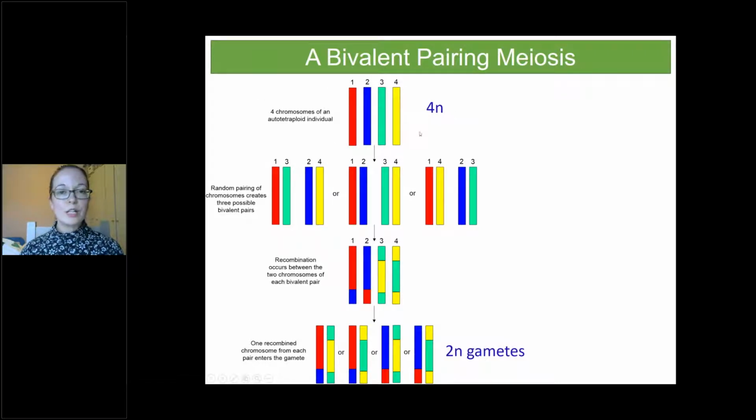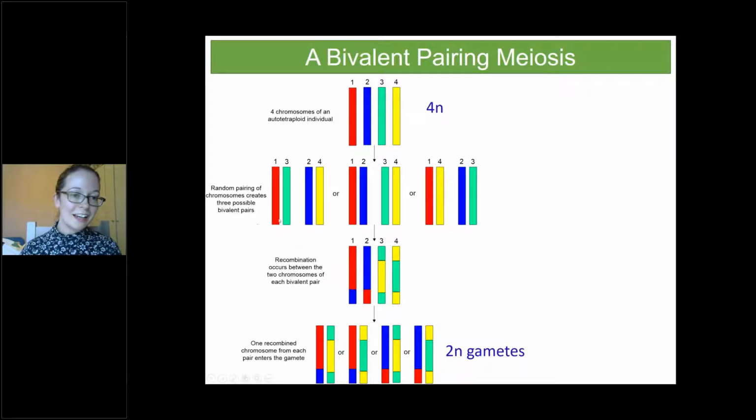In a diploid, it's quite straightforward because, of course, there's only one way in which the two copies of a particular chromosome can pair and recombine in meiosis. But when you've got four highly similar copies of the chromosome in the autotetraploid, there are actually three different ways that the pairing can happen, which then creates a much broader spectrum of possible genotypes in the gametes.